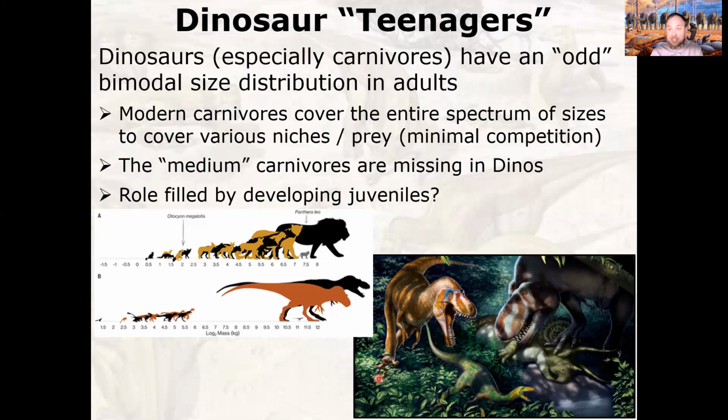And from looking at the teeth, looking at the chemistry, looking at its diet, coprolites, it was eating different things than the adults were. And so because dinosaurs grow so quickly, the teenage dinosaurs that are in this kind of size range, they outcompete all the other dinosaurs that would be trying to fill these roles.